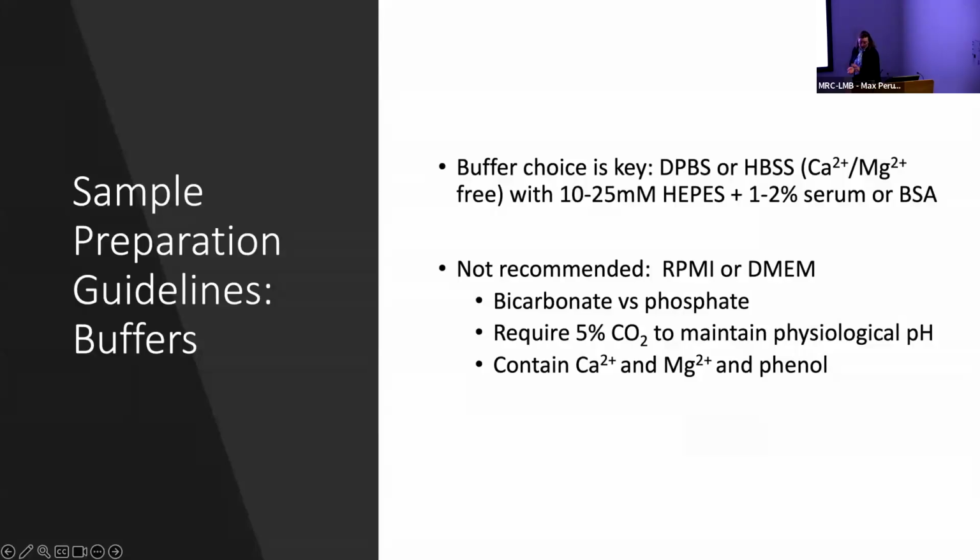One of the reasons is that those buffers are different from the sheath fluid that is being hydrodynamically focused on the outside, and by design they require 5% CO2 to maintain physiological pH. So if you're sorting for long periods, that's not potentially going to result in very high viability.